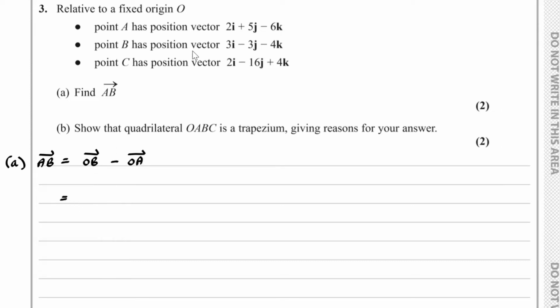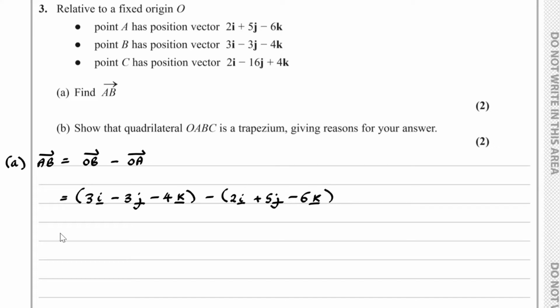So we have the vector OB, that's given by 3i minus 3j minus 4k, and then we subtract off the vector OA, which is 2i plus 5j minus 6k.